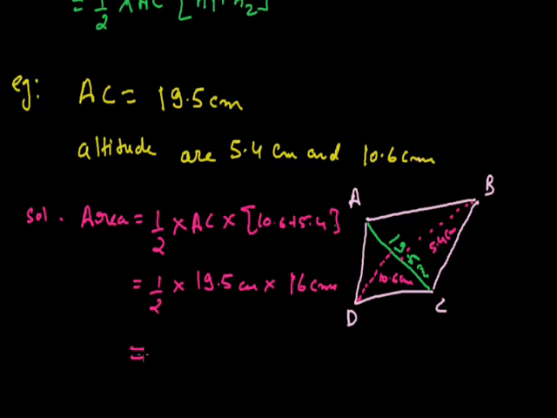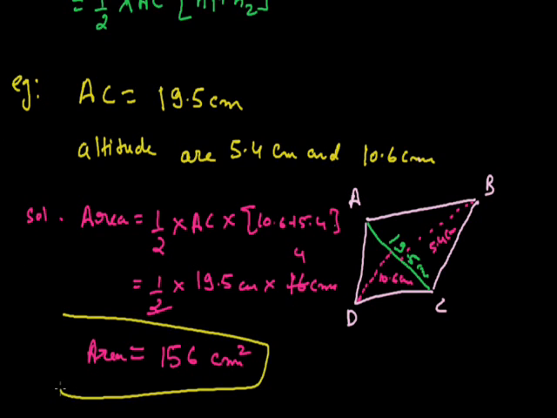So it will be equal to, 2 cancels out 16 eight times, and comes out to be 156 square centimeter. So the area of this quadrilateral is 156 square centimeter.